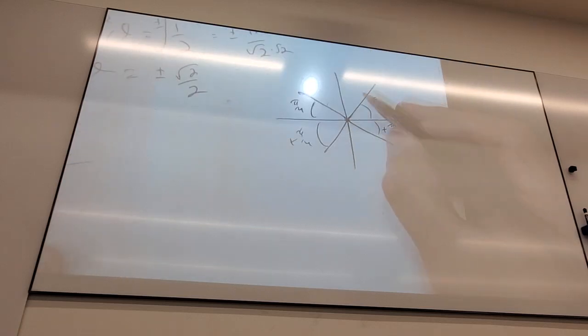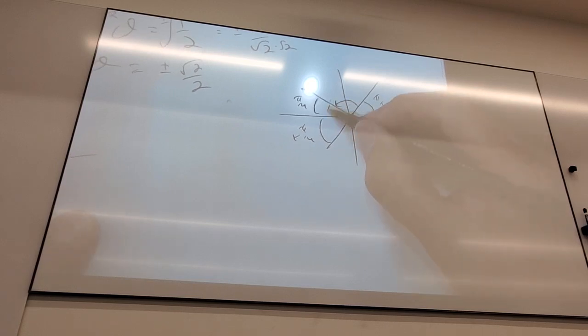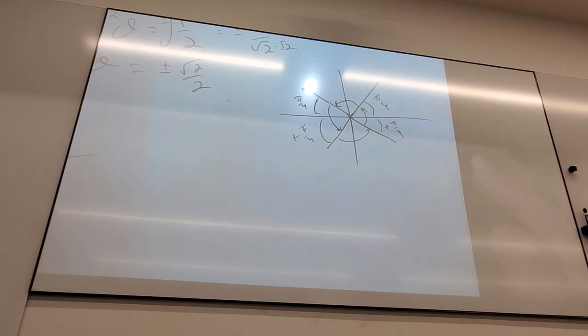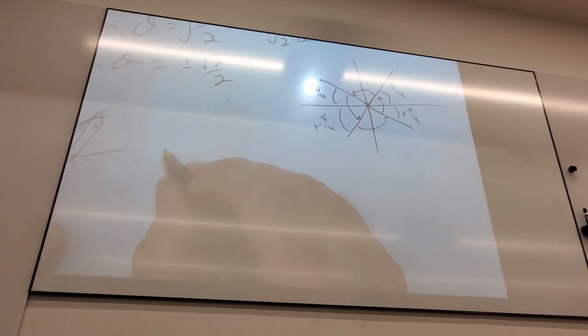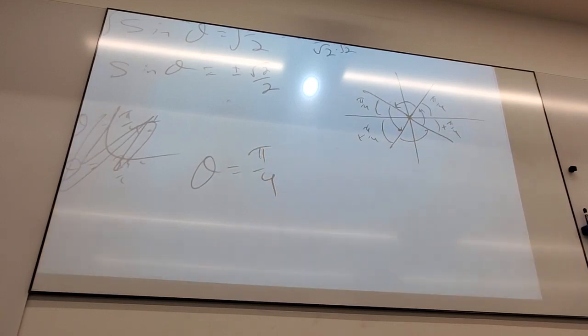Because how far apart are these two? Oh, they're 90 degrees. How far apart are these two? All right, 90. So can't I write pi over 4, and if I take the same step, don't I continue to pick up the next answer, the next answer, the next answer?